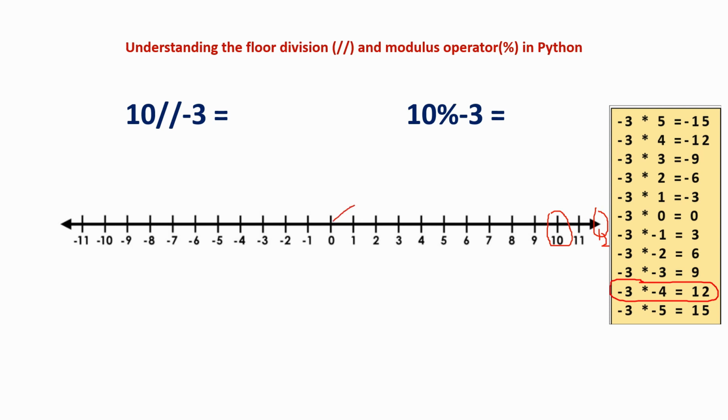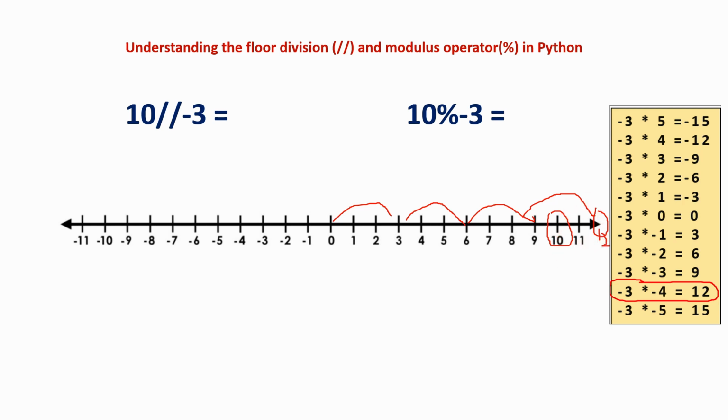That means from here I'm going this way, this, third, and then I have the fourth one. Right? So I have come to 12. Now, how do I get the value? 10 minus 12. Okay?